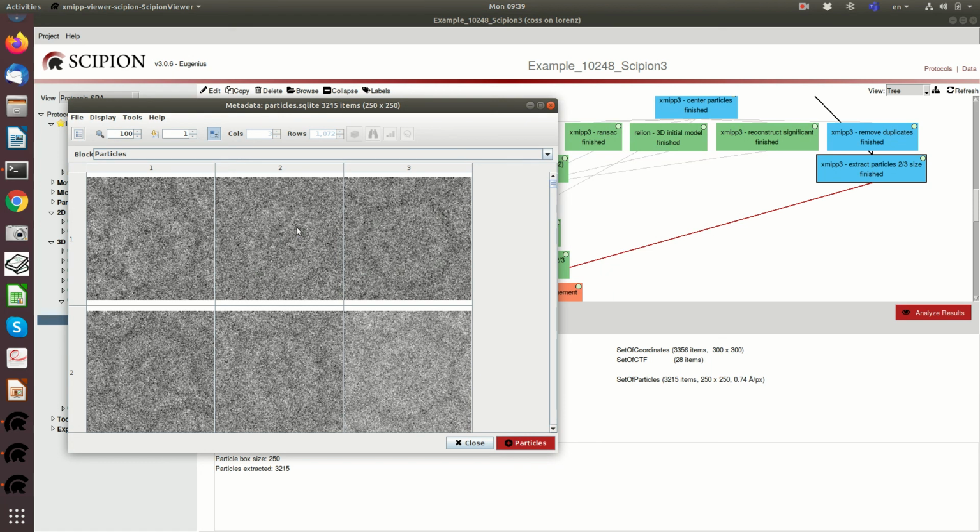The second parameter is whether this particle really belongs to the 3D structure that I'm interested in. This is what you try to estimate with the 3D classification. And then once you have decided that it belongs to your structure, you have to align that particle with respect to the structure.